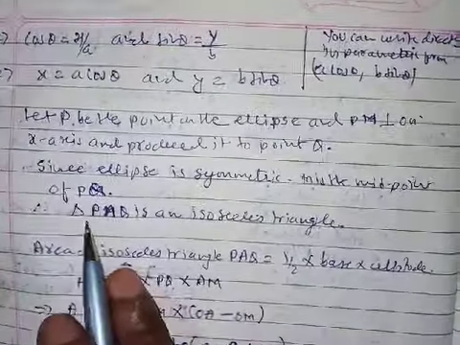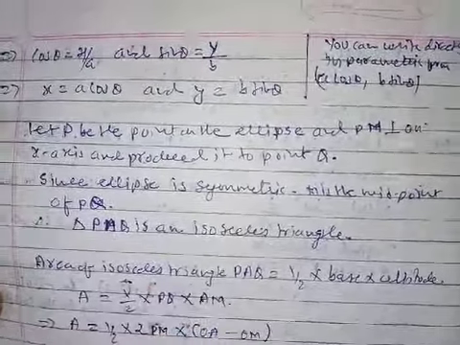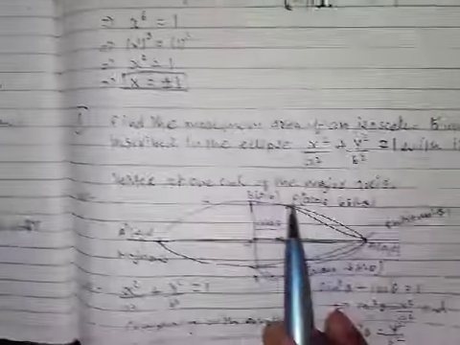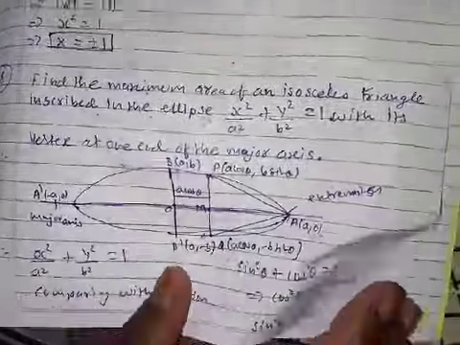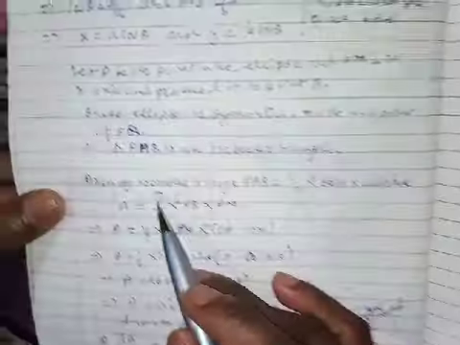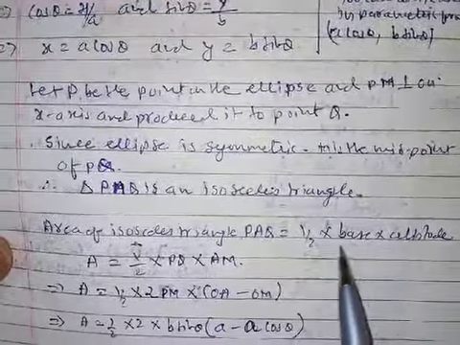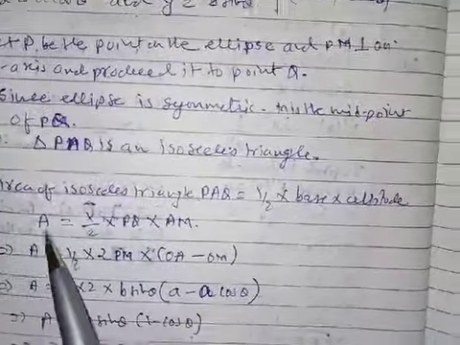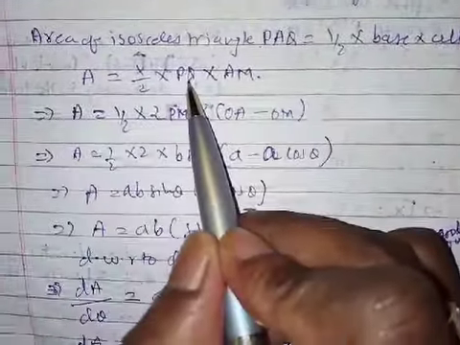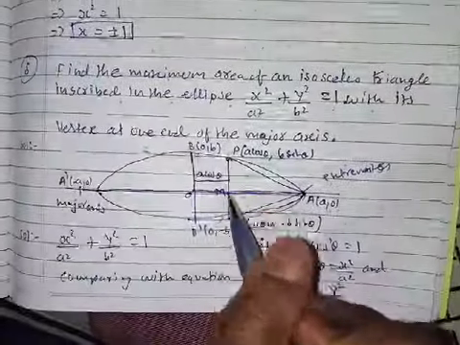So in triangle PAQ, what do we have? An isosceles triangle. The area of isosceles triangle PAQ is half base into altitude. Base is what? PQ is the base.